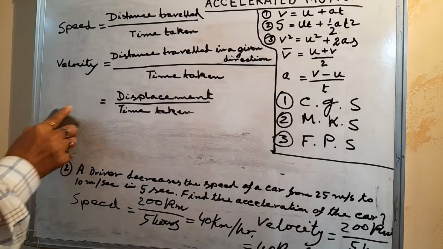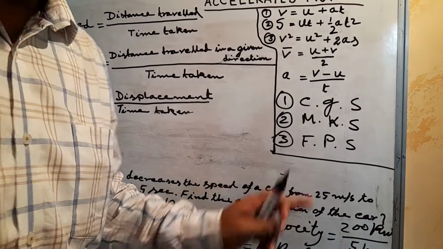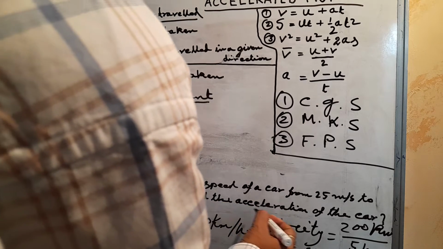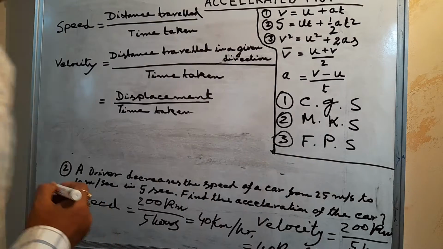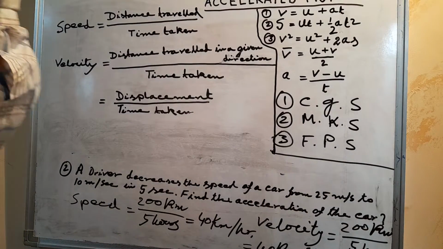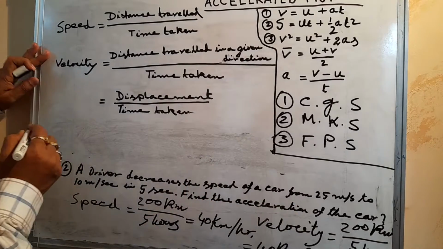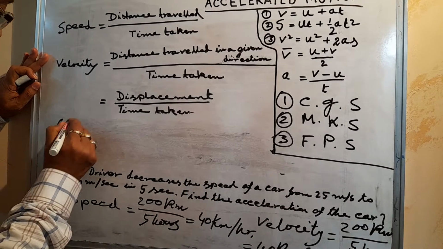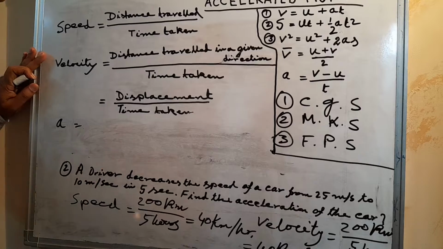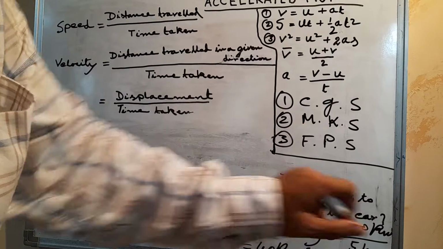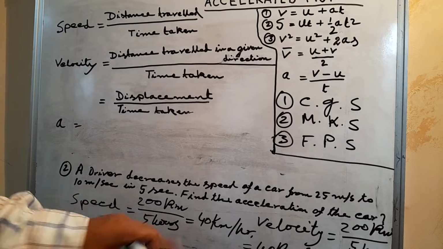We know acceleration is the change of velocity per unit time. Here the change of velocity is from 25 meter per second to 10 meter per second.